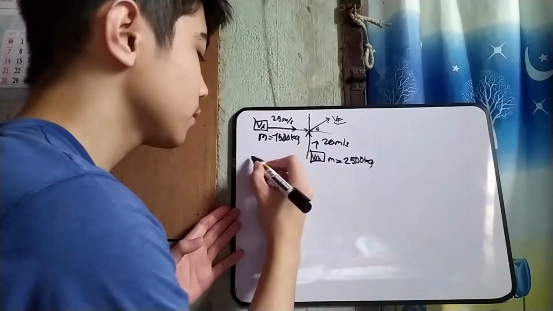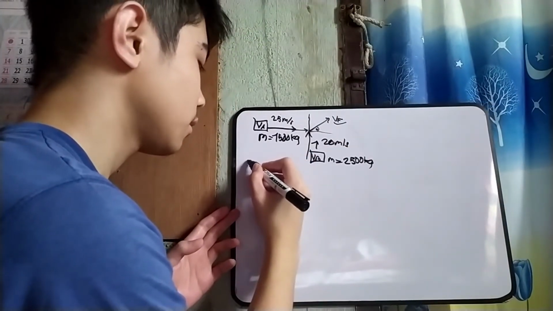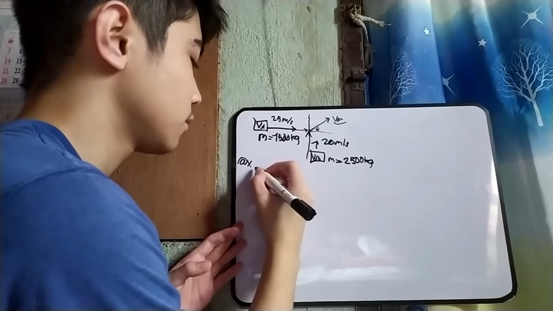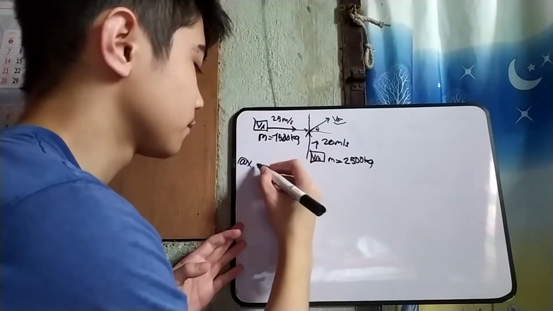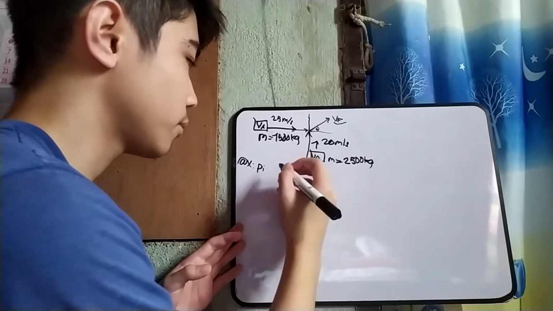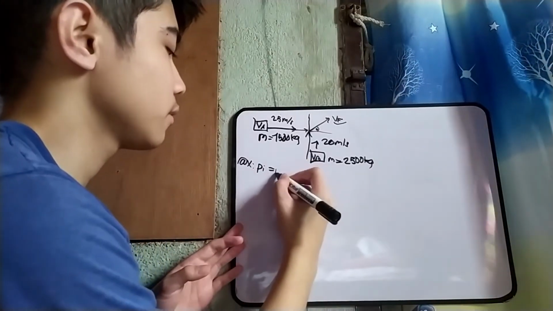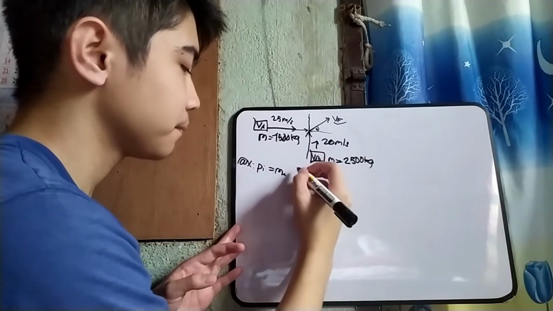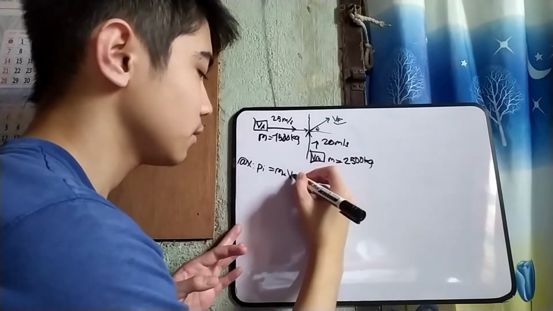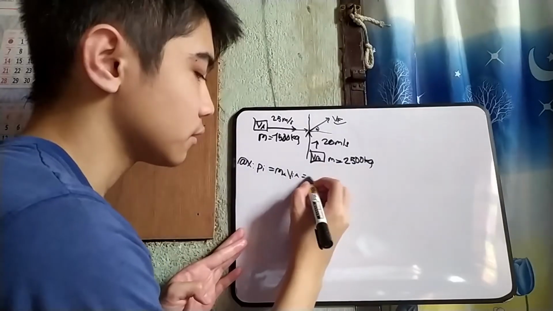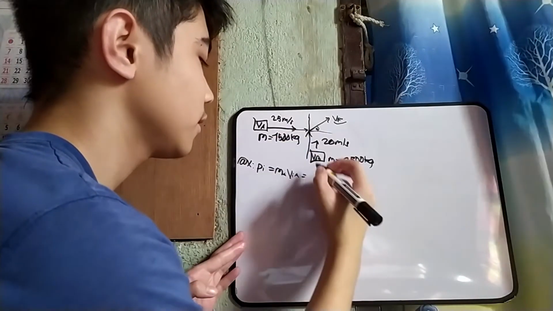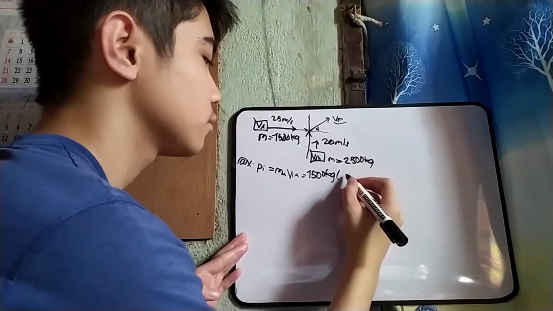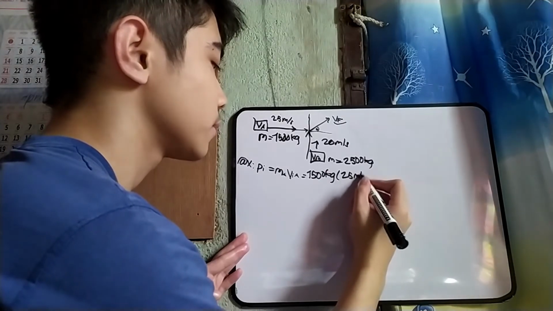So first, let us calculate the x component. So at x, P initial, or the initial momentum, is equal to the mass of vehicle A multiplied by the initial velocity of vehicle A. So that is the mass of vehicle A, 1,500, multiplied by 25 meters per second.